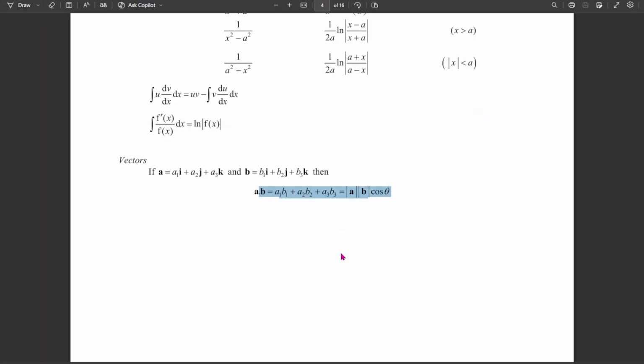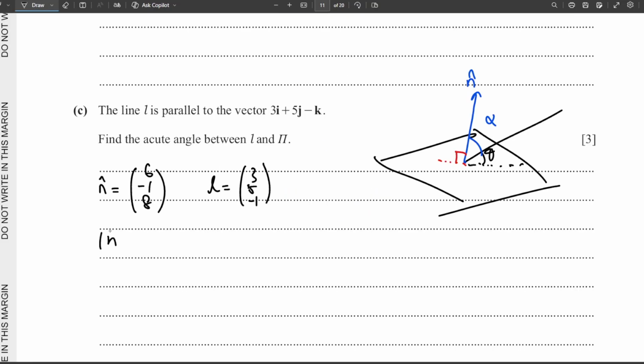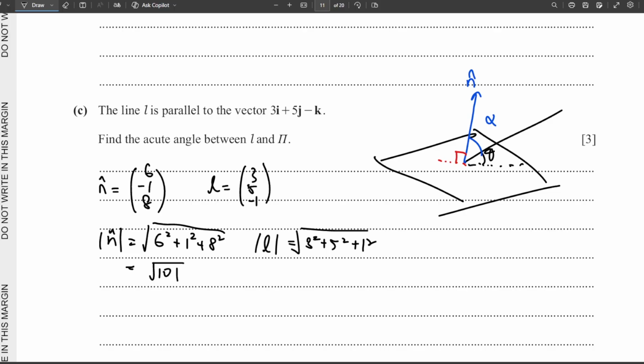So we refer back to the formula sheet. We want to find the magnitude of A and magnitude of B. So magnitude of the normal vector is the square root of 6 squared plus 1 squared plus 8 squared, and magnitude of L is 3 squared, 5 squared, 1 squared. You type into your calculator and you get square root of 101 and square root of 35.